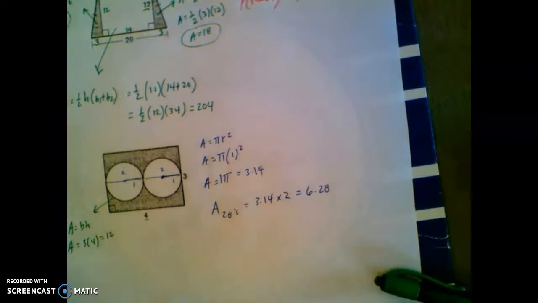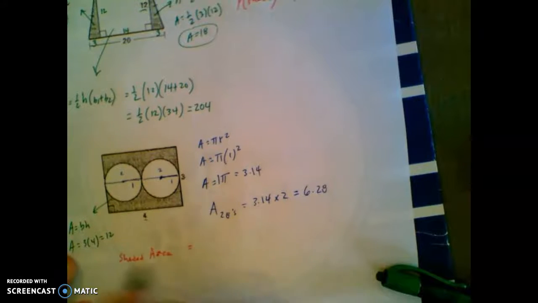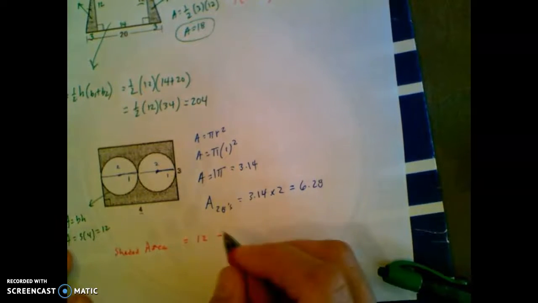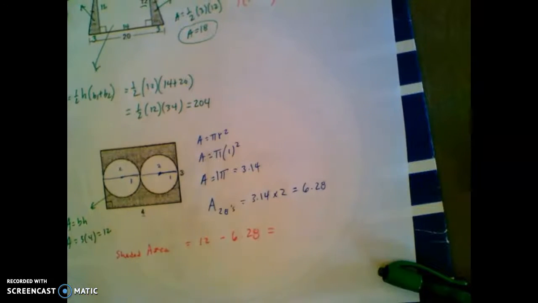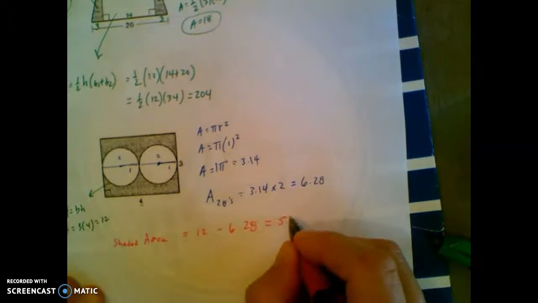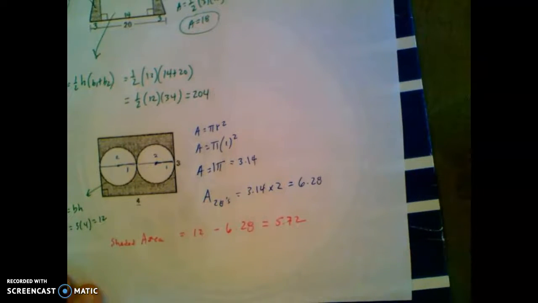So now my shaded area is going to equal the rectangle minus the two circles, which was 6.28. So my shaded area would be 12 minus 6.28, and that's 5.72. That's just the shaded area, so that'll end up being my numerator.